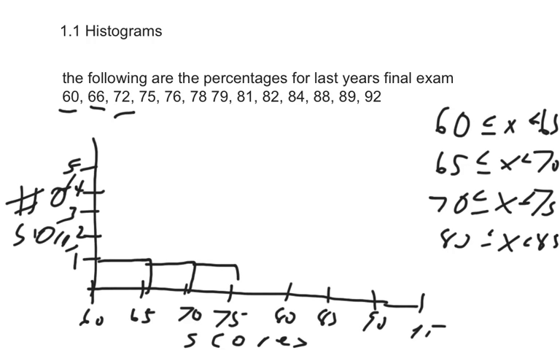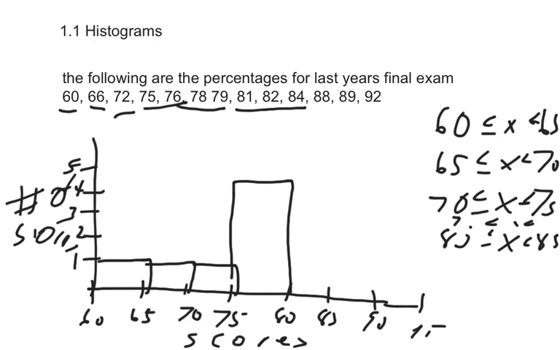because 75 goes into this group that I skipped over here, the 75, and x is less than 80. So 75 and 76 and 78 and 79 all go in here under 4. 81 and 82 and 84 go together at 3. 88 and 89, 72, there's 1.